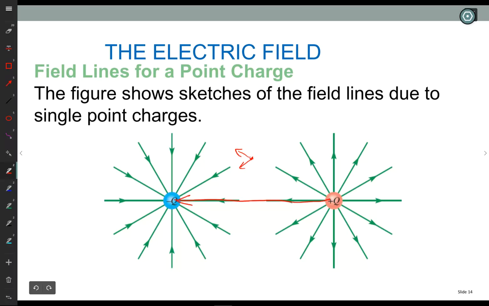What direction would I get from those? Assuming equal charges, one's plus Q, one's minus Q, so they have the same magnitude there. What's that going to add up to? Horizontal. So I'm going to have like this. And so the lines are going to do something like that.